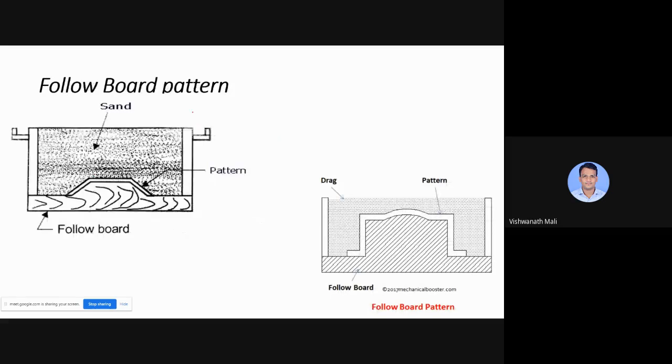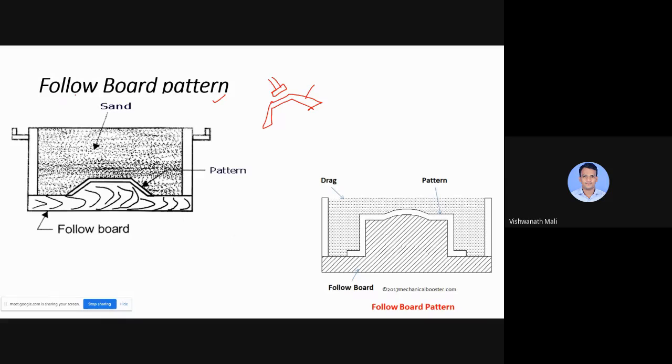Then we have studied the follow board pattern. When our product is of very delicate shape and we want to manufacture this. Now, when we are not using the follow board, what happens? When we ram the sand, chances of breaking of this pattern is high. And in order to overcome this failure, what we use?